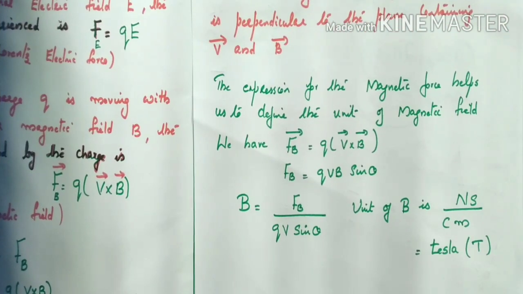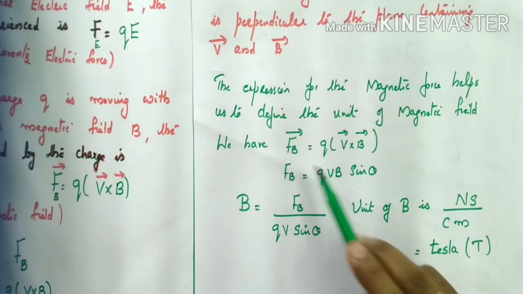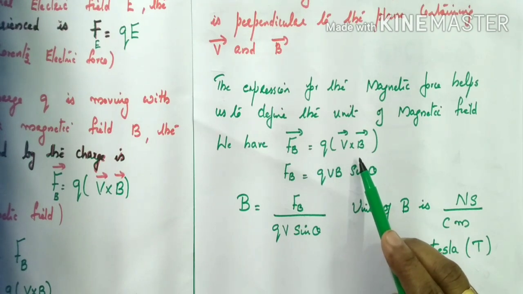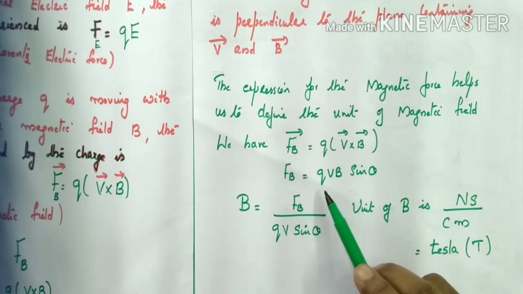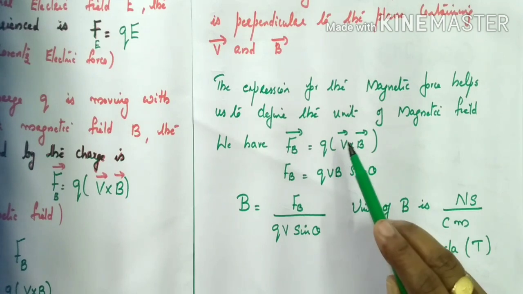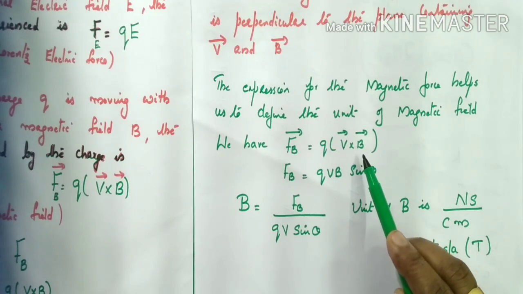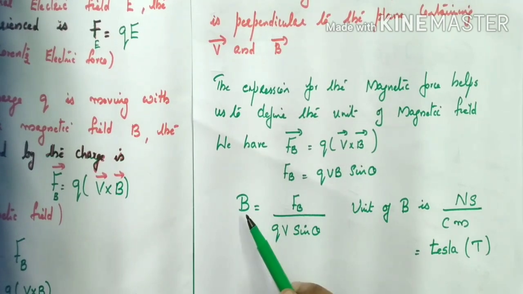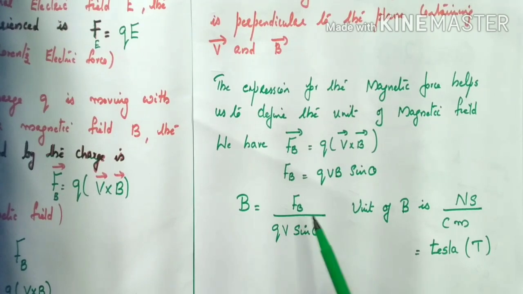Now the expression of magnetic force helps us to define the unit of magnetic field. We have magnetic force given by Fb equals Q into V cross B, or we can write Fb equal to QVB sin theta, where theta is the angle between V and B. From this formula, magnetic field can be written as B equals magnetic force divided by QV sin theta.